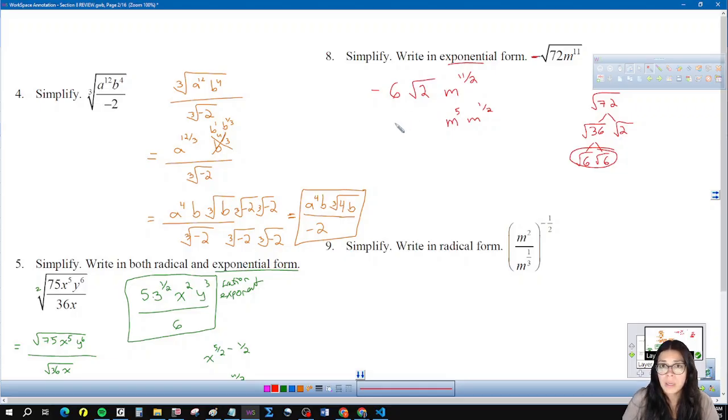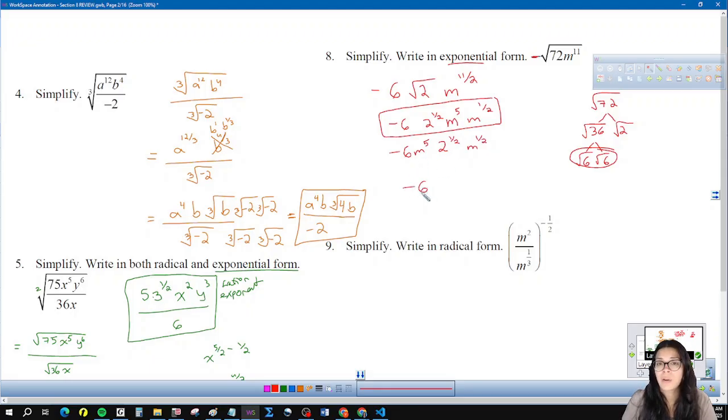So to write it in exponential form, it would just be -6 times the 2 to the power 1/2 times the m to the power of 5 and times m to the power of 1/2. Or you could put your whole copies in front, the -6 times the m to the power of 5, and then the 2 to the power of 1/2 and the m to the power of 1/2. You could write it that way as well.